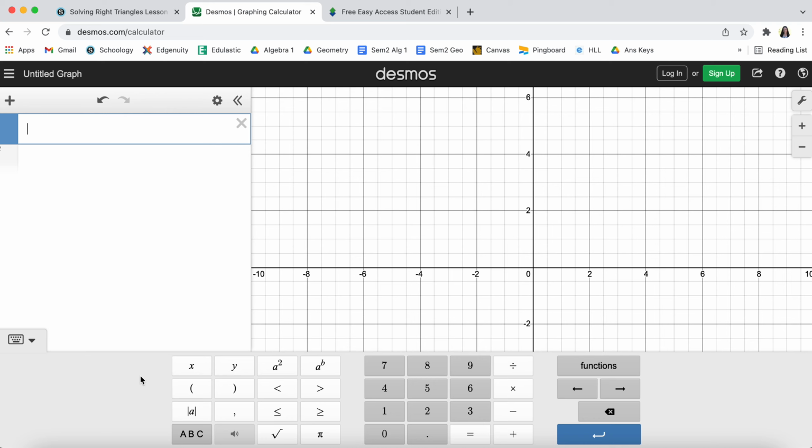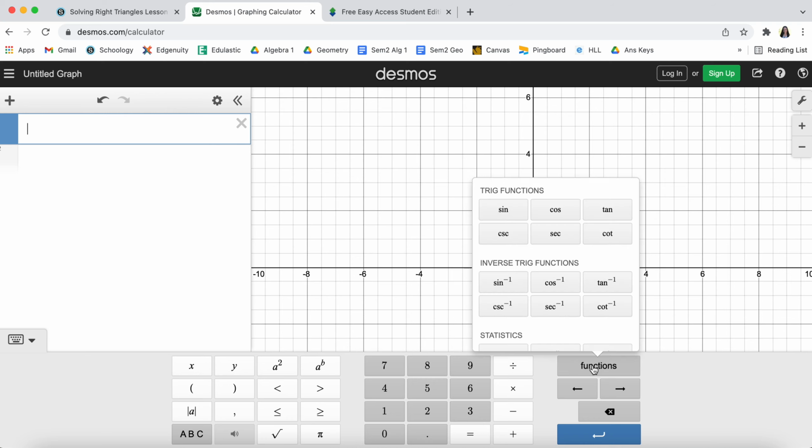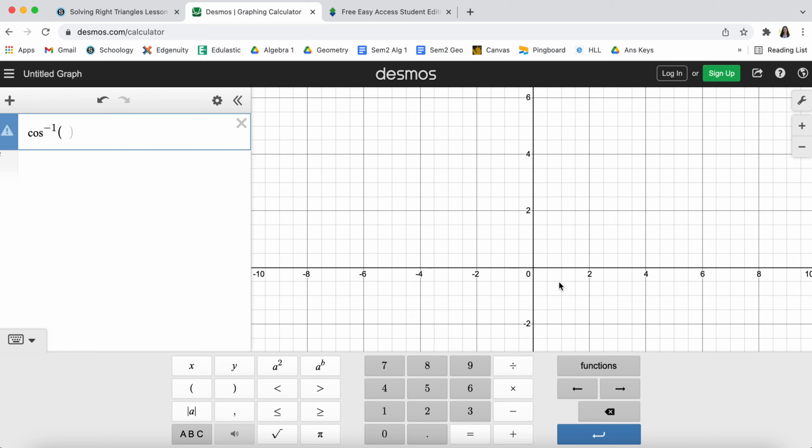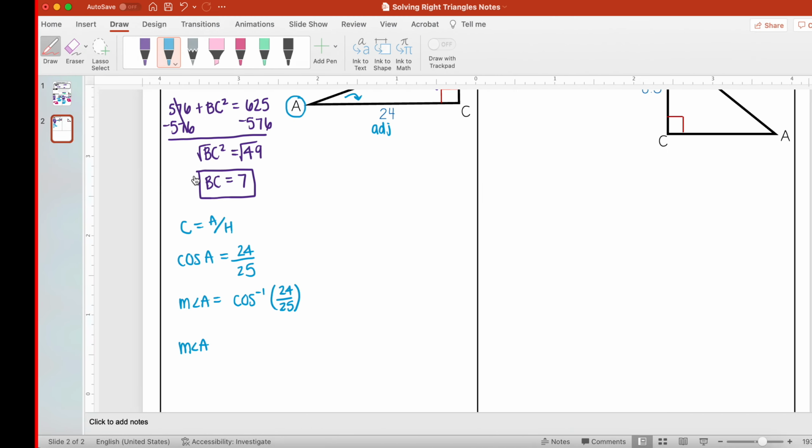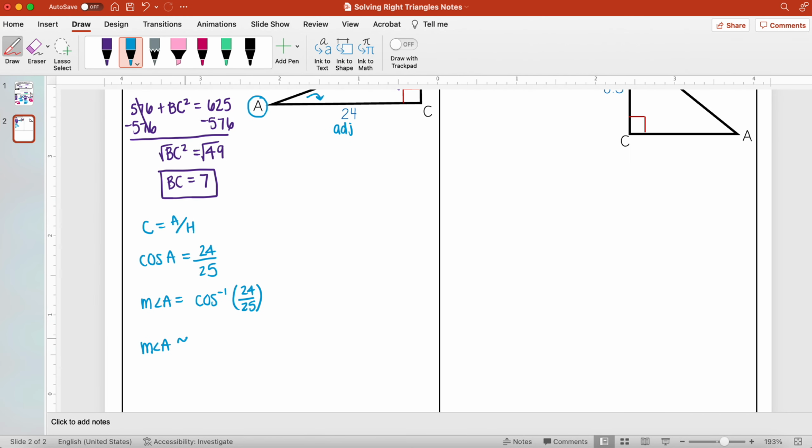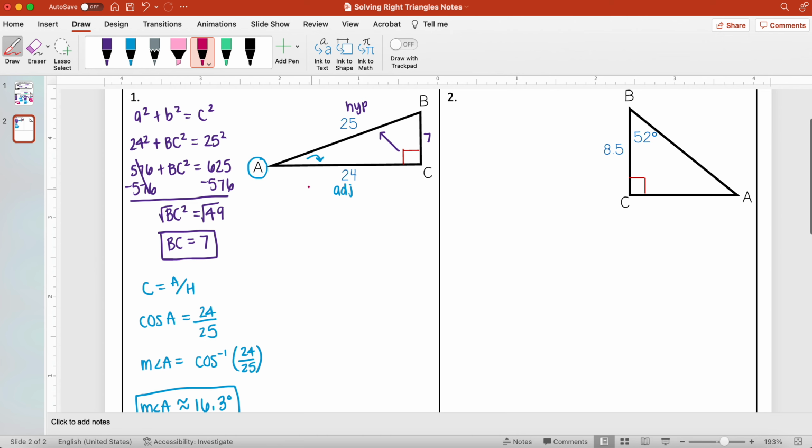And then you can come here and we can go to functions, and I have all my inverse trig functions here. And then I'm going to click on 24 divided by 25. And rounding to the nearest tenth, I get that this is going to be approximately 16.3. And so I have measure of angle A.